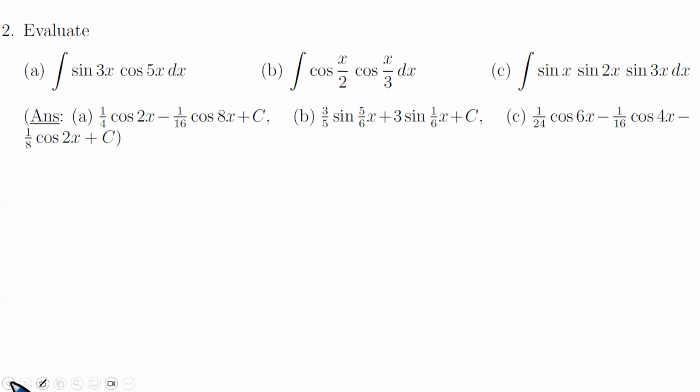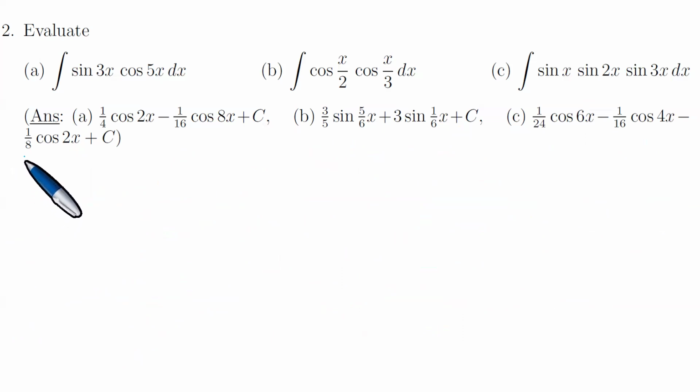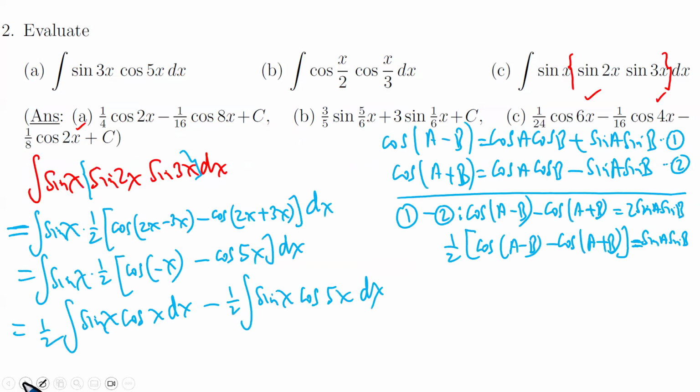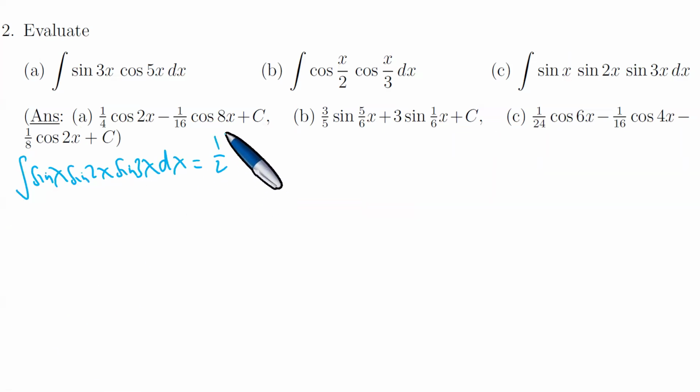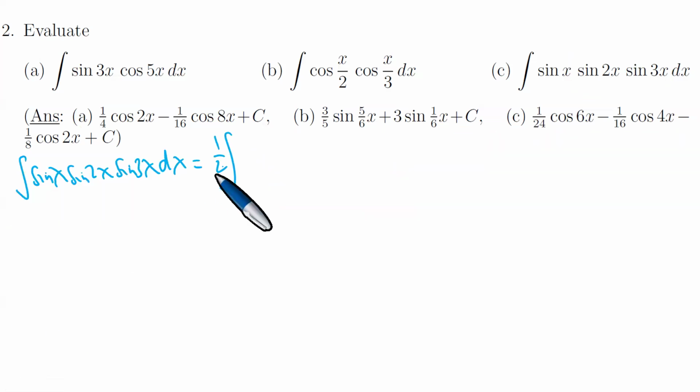So which means that you're going to start and say the integral of sine x, sine 2x, sine 3x dx is equal to 1/2 the integral of sine x, cosine x dx.